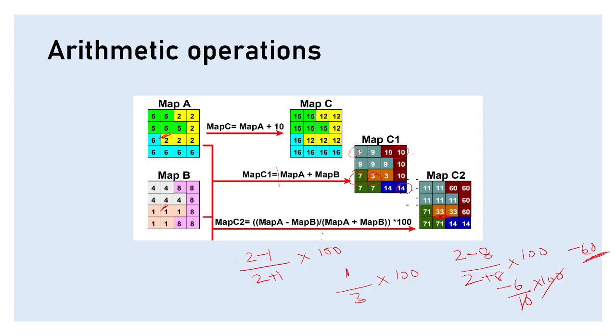That is how arithmetic operations are done on different maps, sometimes to enhance certain things. This is a very straightforward example. Here we have only used the addition operator; here you have used subtraction, addition, multiplication, as well as division. That's it.